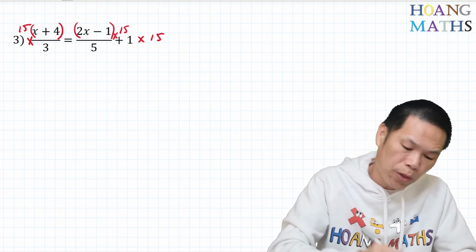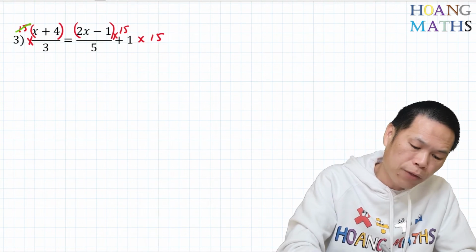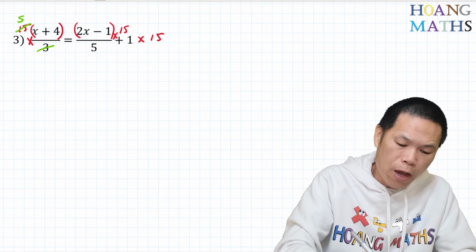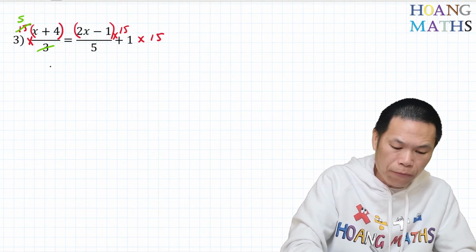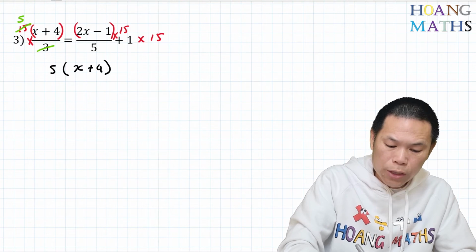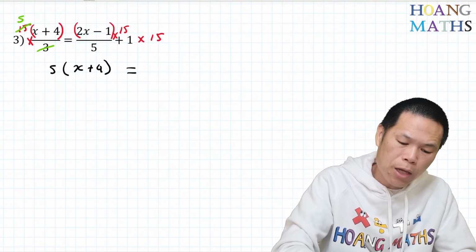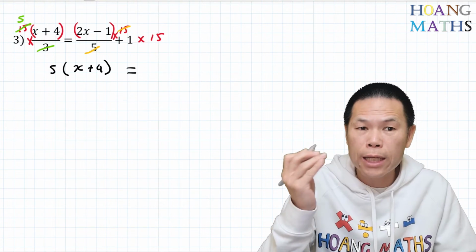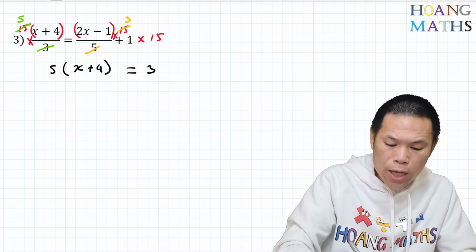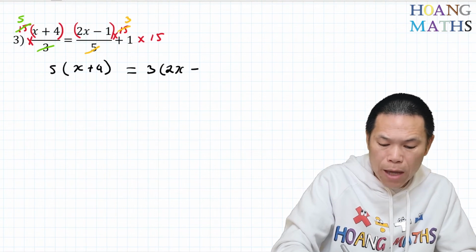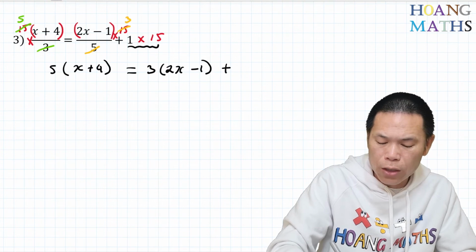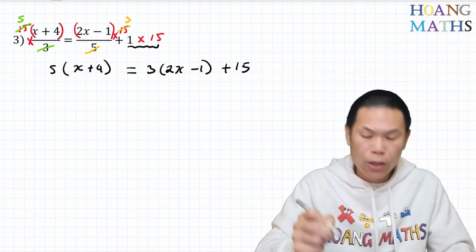And we can see this 15 and 3, we cancel out, that gives me 5. So now I just write this down. So that gives me 5 times the whole lot, which is plus 4, which is equal to, and this term here, 5 and 15, we can cancel out, that gives me 3. So that becomes 3 times 2x minus 1. And then 15 times 1 is 15. So there you go.